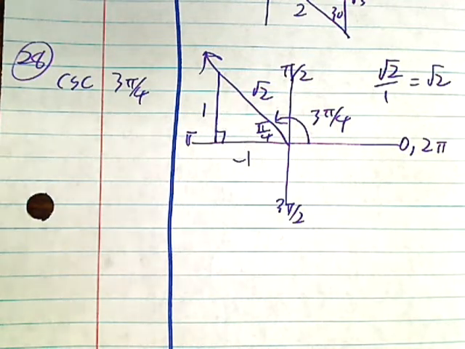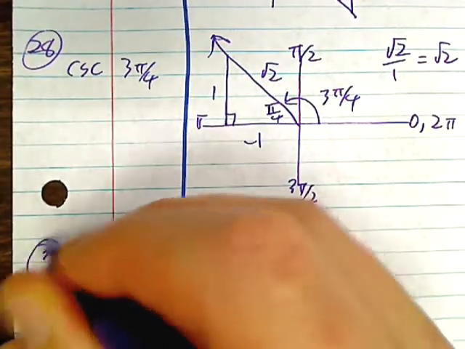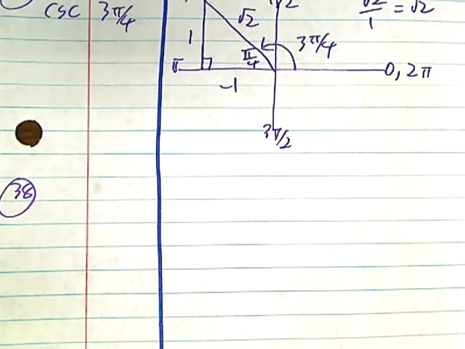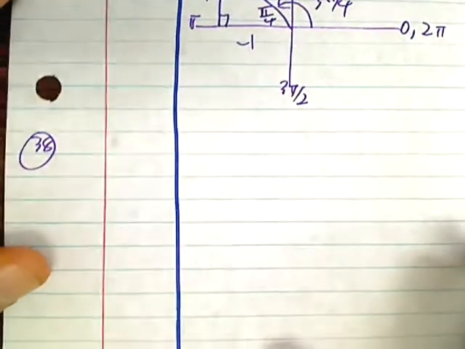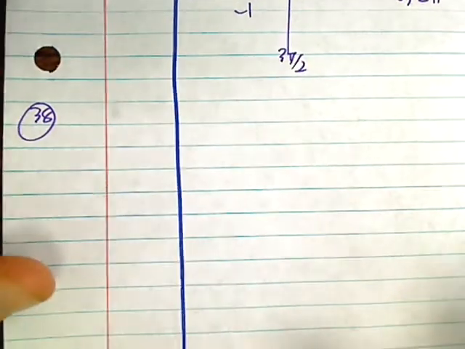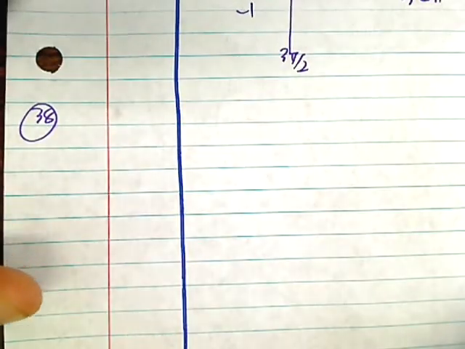Let's look at 38. Number 38 says, find sine, cosine, and tangent of the given quadrantal angle. It means it's a multiple of 90, though, and so we can't draw one of those triangles. We'll have to draw our 0, 90, 90 triangle, right? It's crazy, I know.